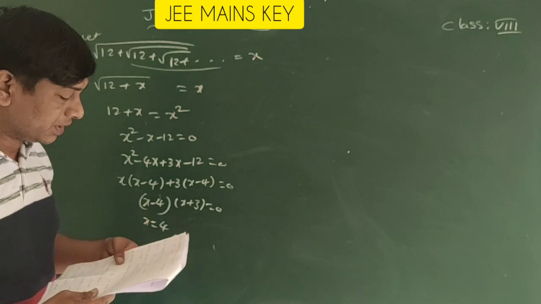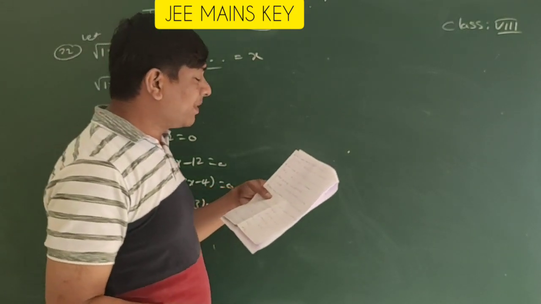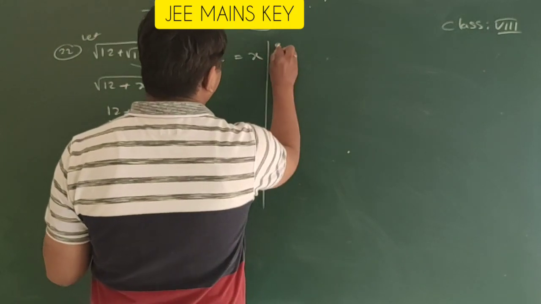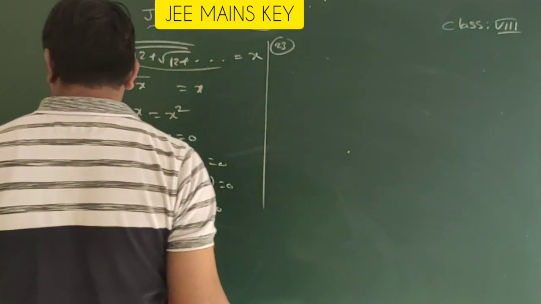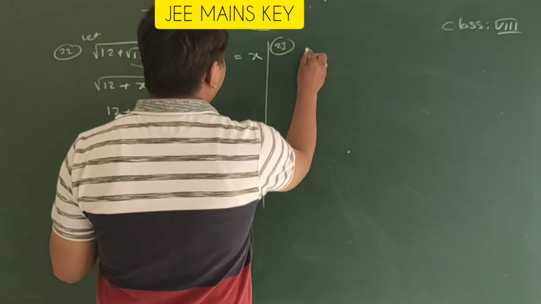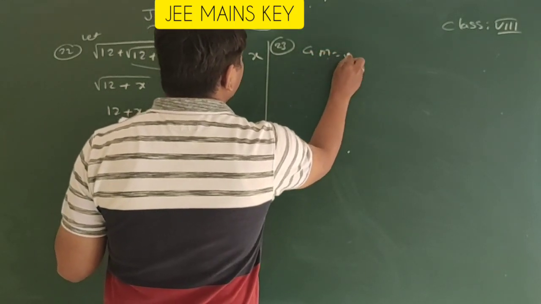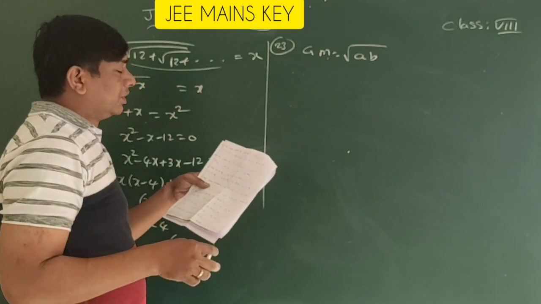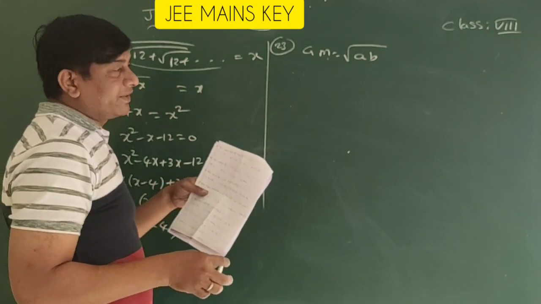Negative 3 we will get. Next, the 23rd question: the geometric mean of 1 plus root 2 and 7 plus 5 root 2. The geometric mean is equal to square root of AB. Let us suppose A is equal to 1 plus root 2 and B is equal to 7 plus 5 root 2.